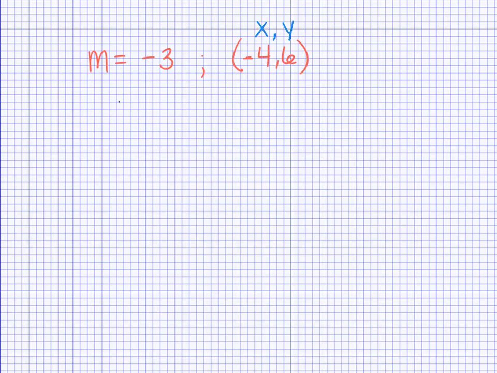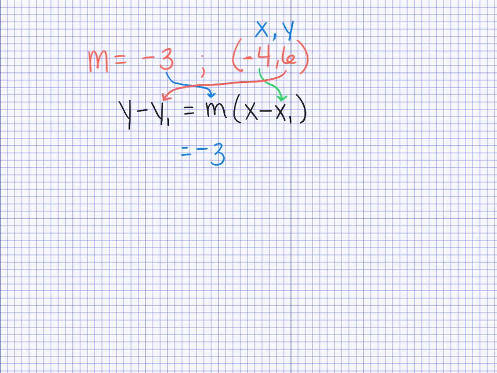Okay, so let's look at our point slope form again. Okay, so my slope, easy. That's going to go right in place of the m. Okay, and then your coordinates, the x and y coordinates, are actually going to go in place of the x1 and the y1.